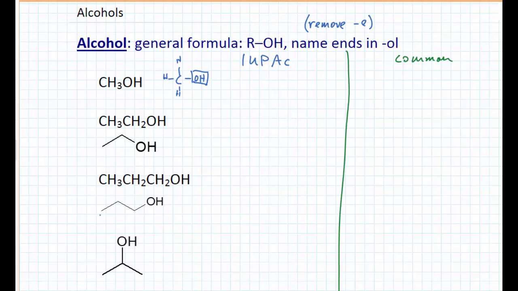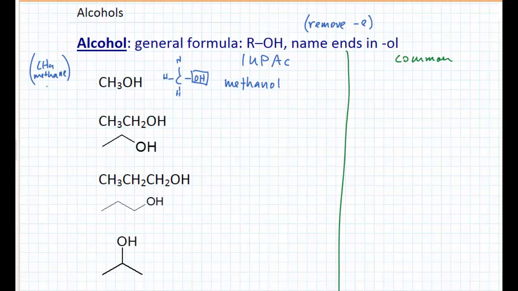What would the name of that one-carbon alcohol be, if that's the pattern that we said? It would be methane for the one carbon. If we remove the E and change that to OL, that is methanol. See how that works? CH4 is methane. Everybody get that pattern? The regular alkane is methane. The alcohol is methanol.